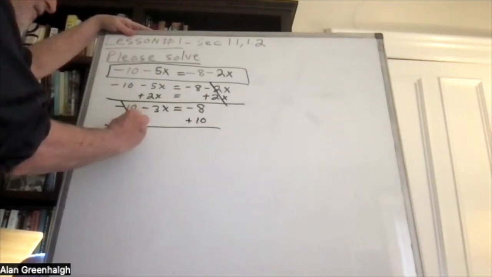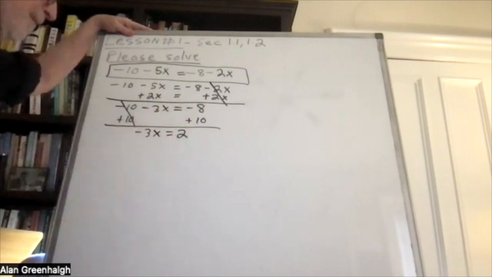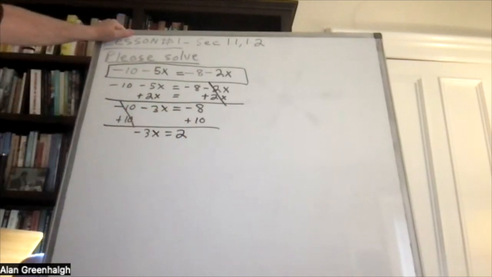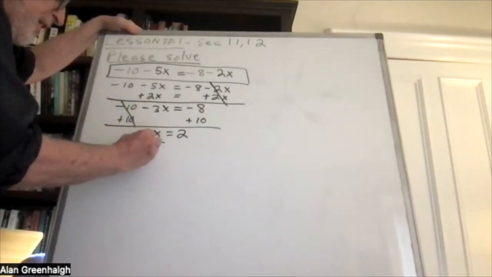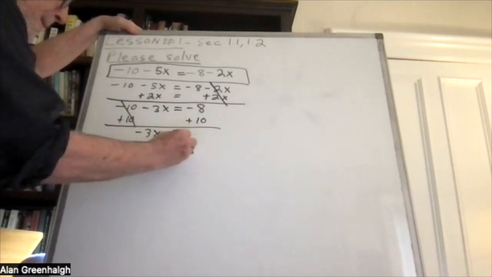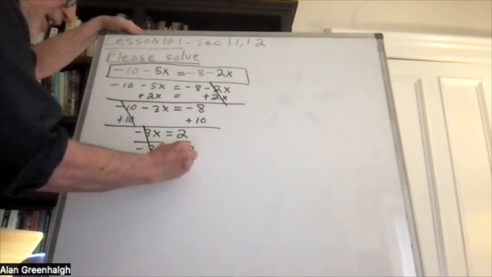That cancels out. I get -3x equals 2. And then I divide by -3. That cancels out, and x is equal to -2/3.